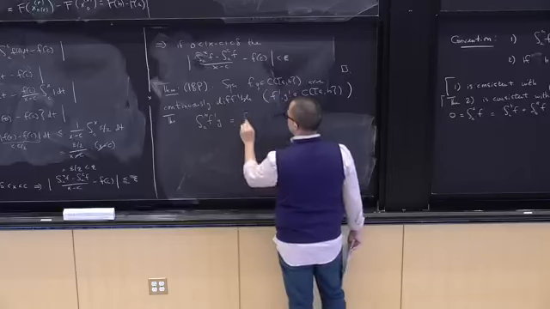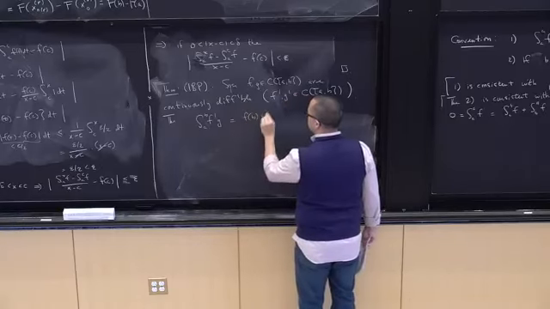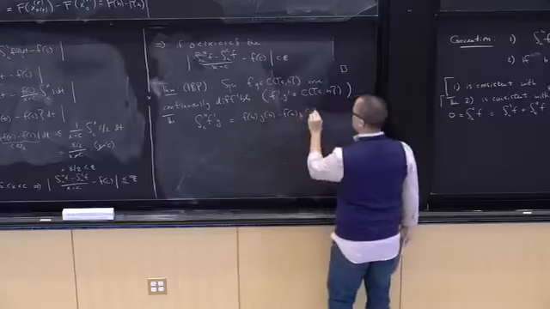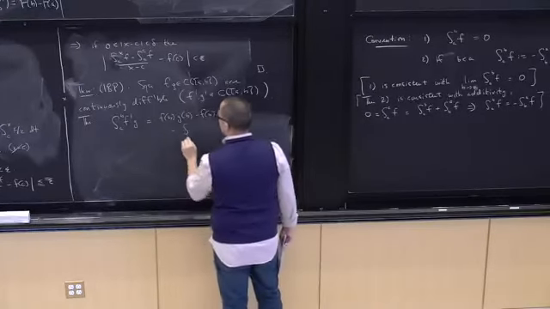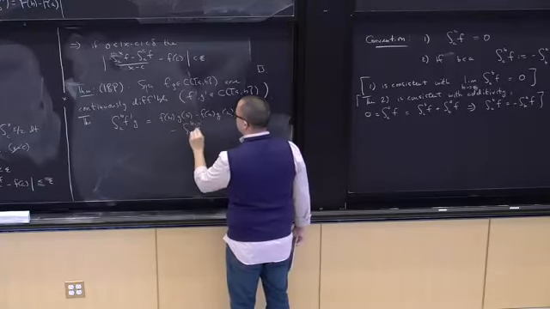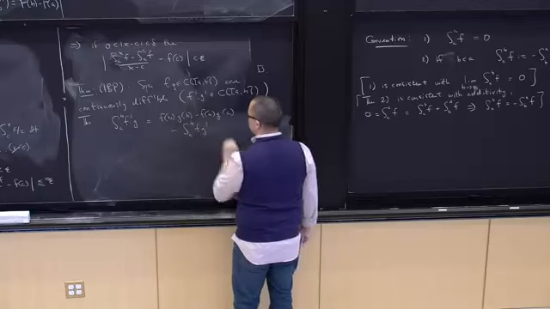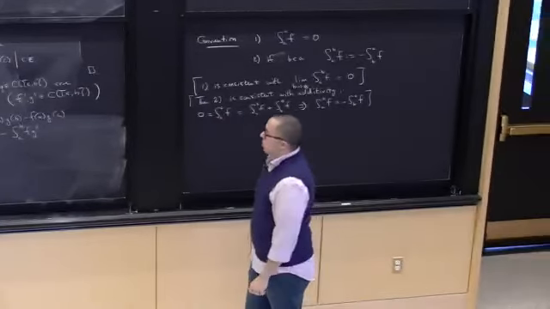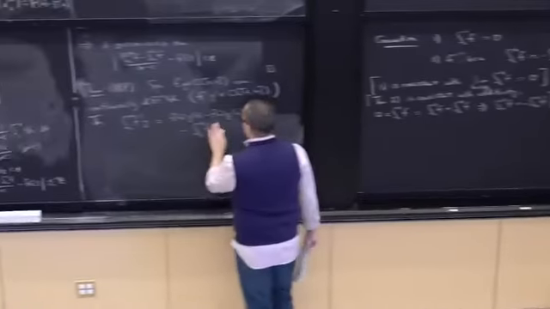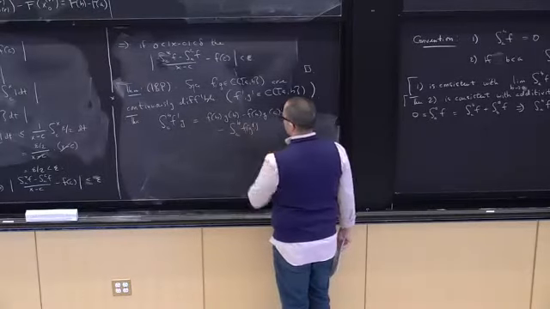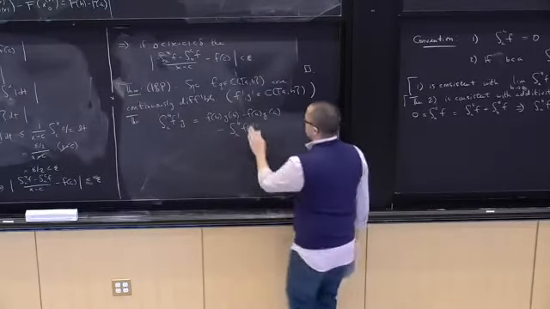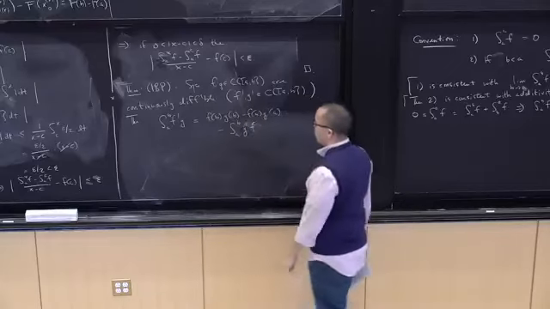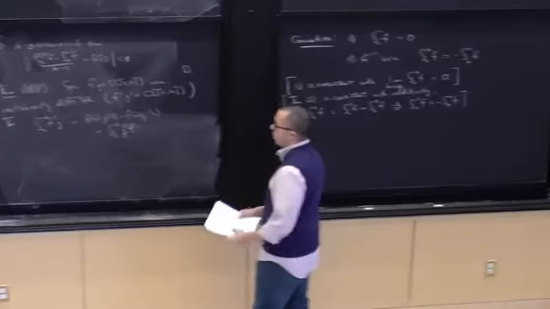This is equal to f of b times g of b minus f of a times g of a minus the integral from a to b, and now we shift that burden to g, of g prime f. So I can take that derivative and put it on g.